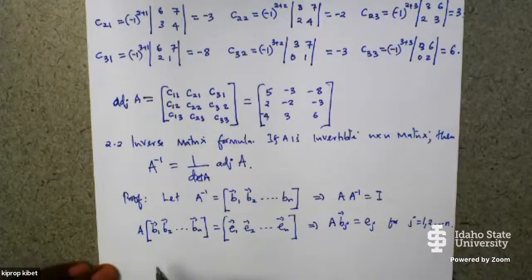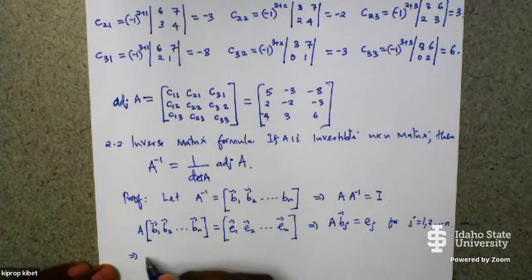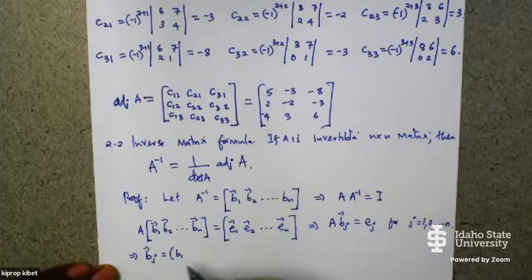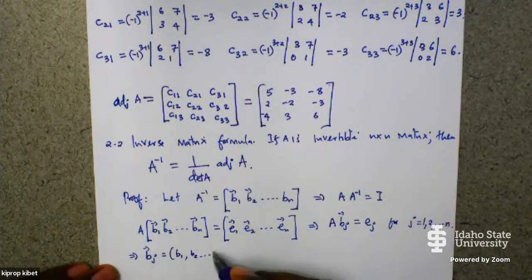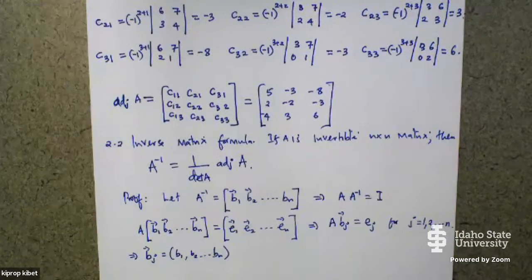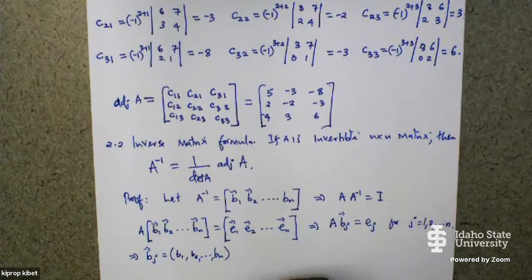Then Bj are the solutions, the vectors B1, B2, up to Bn. So this Bj is similar to X, what you were doing last time, like X1, X2, X3.